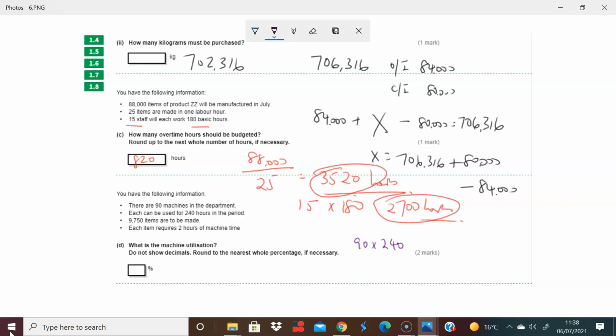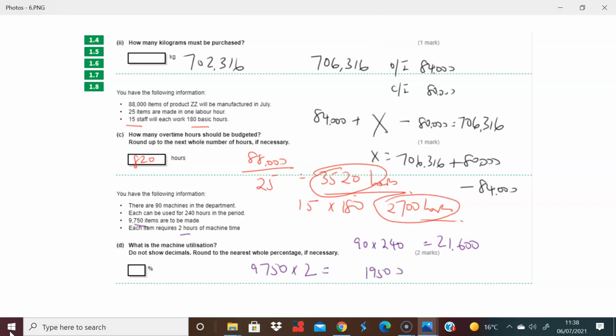And what you see here is that you have a total of 21,600 hours of machine time. And what you're making currently is 9,750 times 2, because that's the time it'll take, which gives you 19,500.